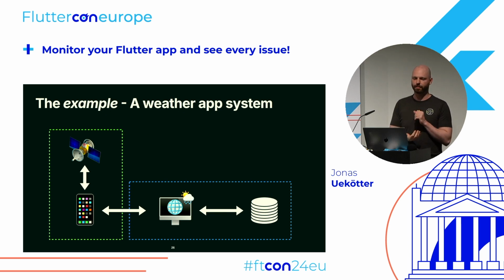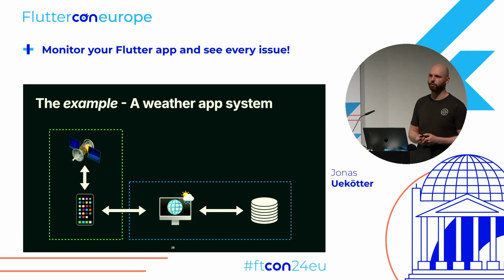Yeah, and it essentially consists of two parts. So on the left side, we have the mobile application, which talks to the GPS service in order to find a GPS location, which then gets sent to the backend. That backend gets the coordinates, looks up the upcoming weather data for the next few days in the database, and reports that back to the application.